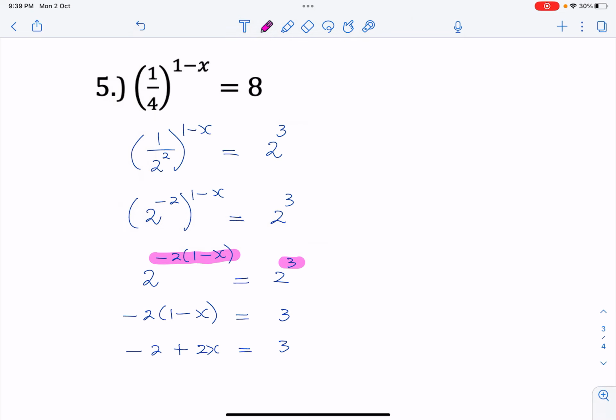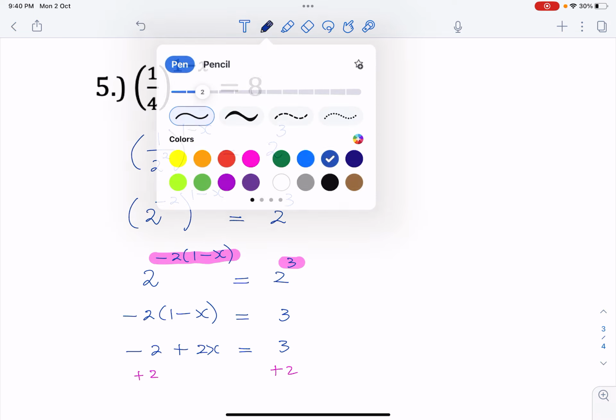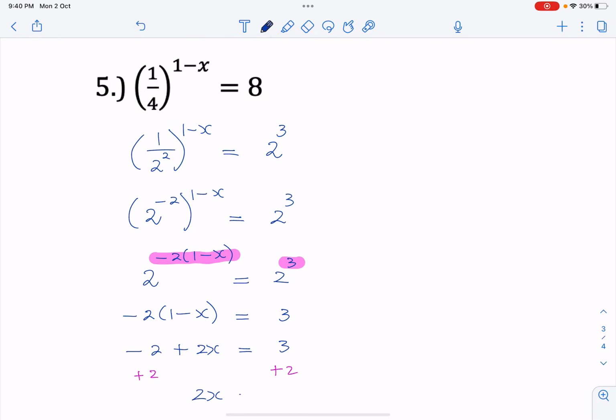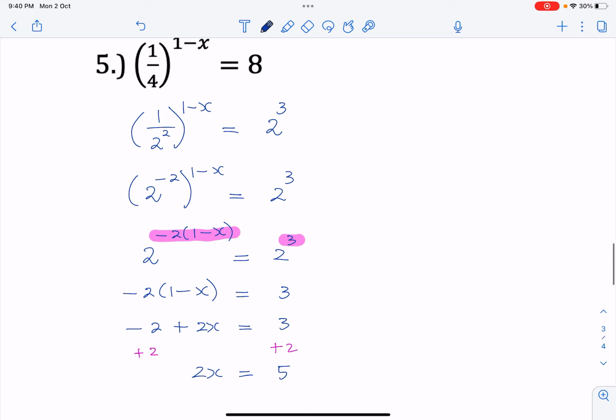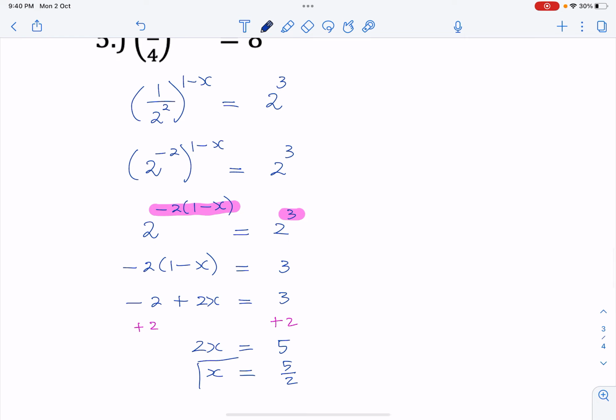And then adding 2 to both sides will give us 2x equal to 5, and then dividing by 2 on both sides, we have x equals 5 over 2, or 2.5.